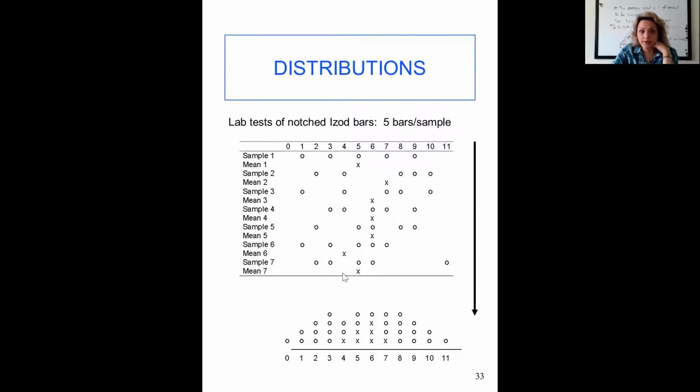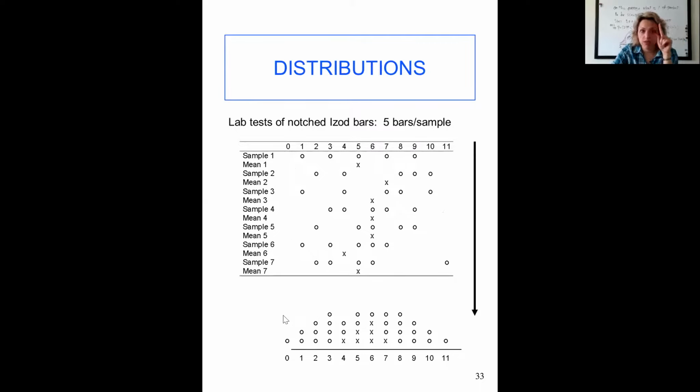So look at here. We have samples of 5, say with values from 5 to 7. You can see sample 1, mean 1, sample 2, mean 2, and these are the data points that we have.